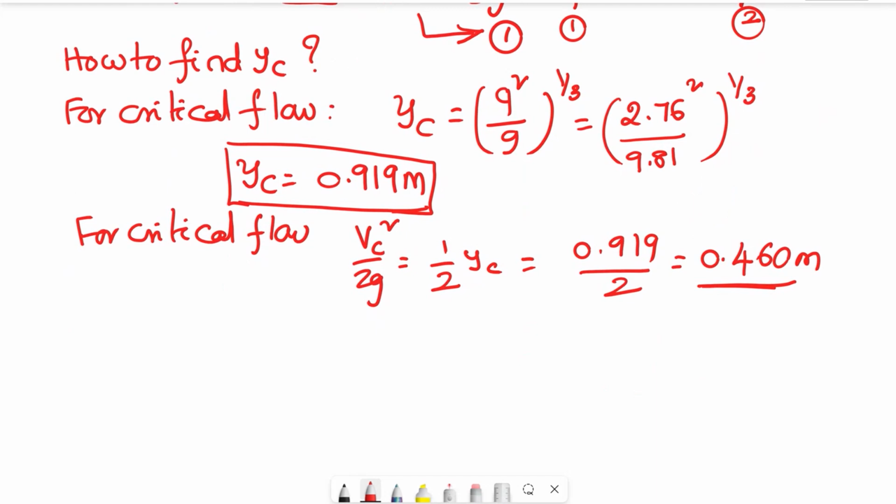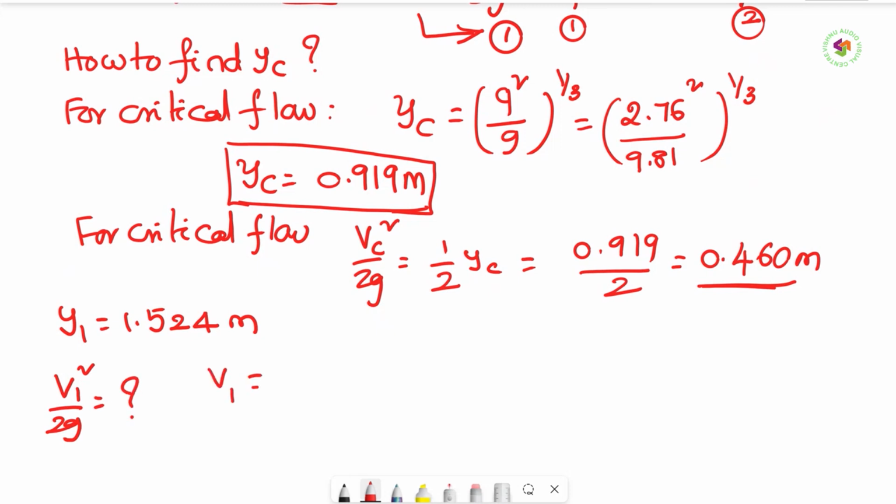Now the equation we will see. What is y1? y1 is equal to, in the problem he has given, 1.524 meters. How to calculate v1 squared by 2g? So v1 is equal to what? v1 is basically q by y1, right? q is 2.76 divided by 1.524.